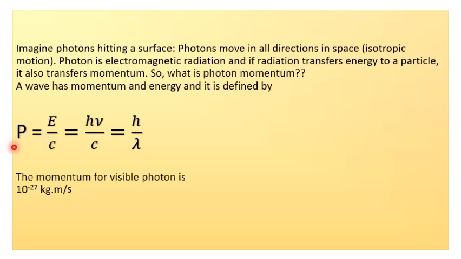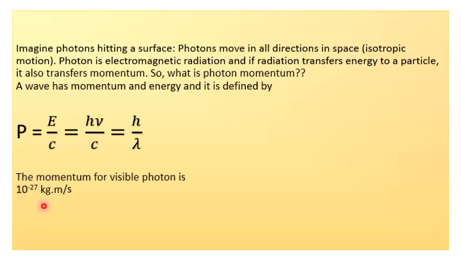So the inherent momentum inside an electromagnetic wave is given by Planck's constant divided by the wavelength of the wave. The momentum for a visible photon, that is inside the visible spectrum, is 10 to the power minus 27 kilogram meter per second. This is the dimension of momentum.